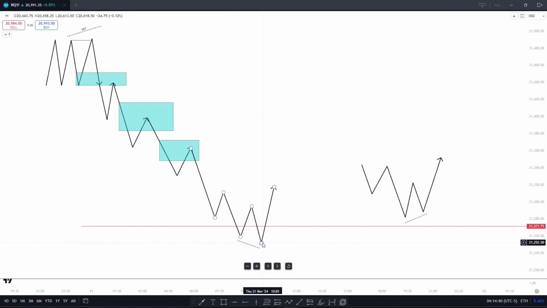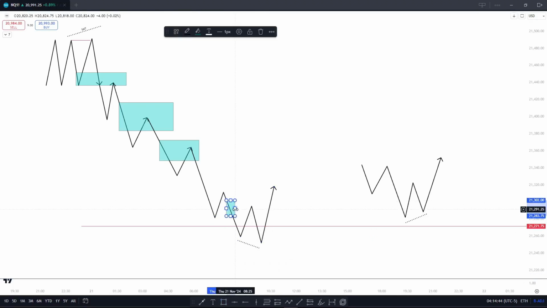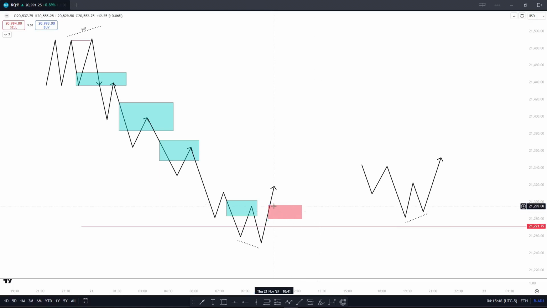Once this SMT forms and we displace above this high, which by the way formed inside of a SIBI, making this an intermediate term high, once we displace above this high with a BISI, what am I now expecting to happen? I'm expecting the market to drop down into this BISI that we formed, into this breaker, and into what's now an IFVG.